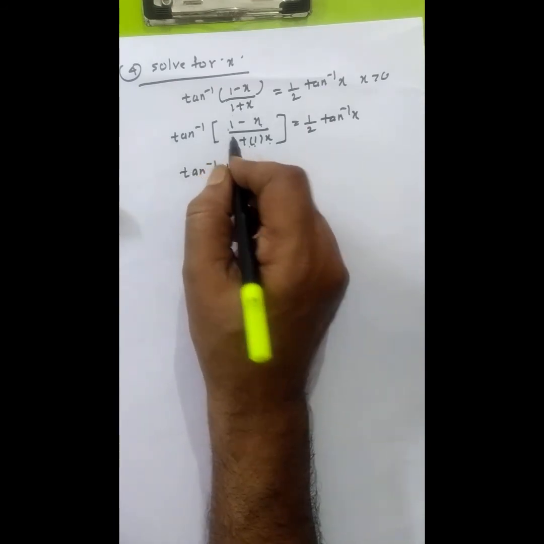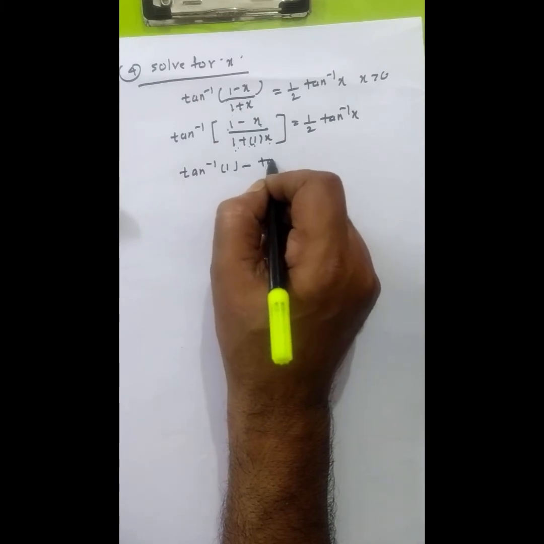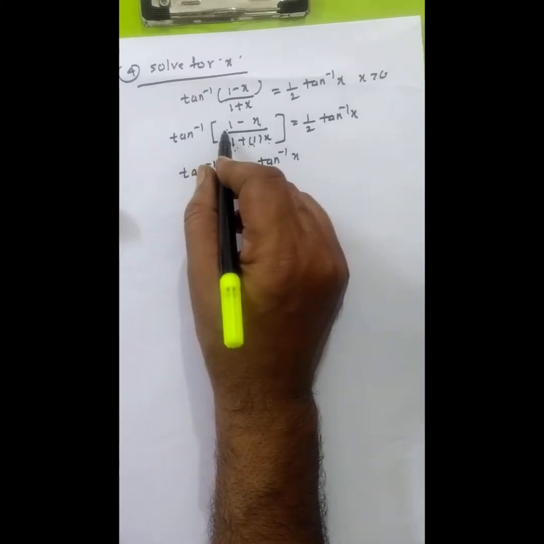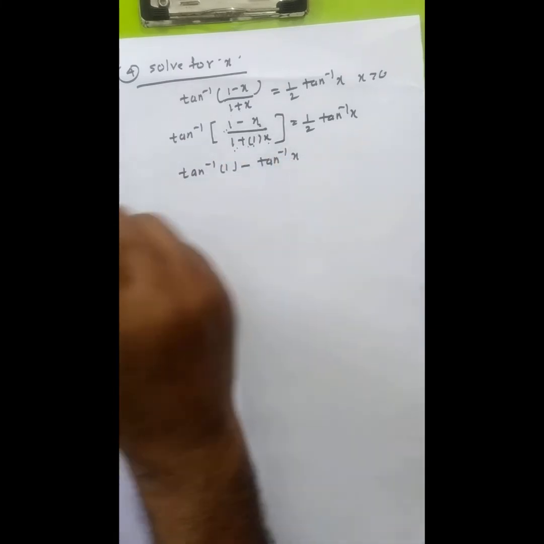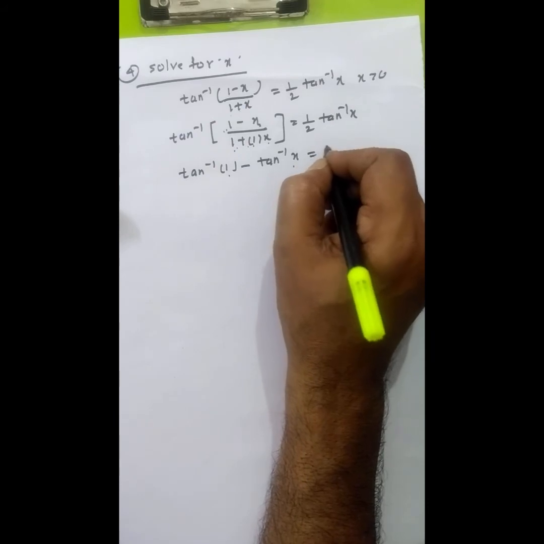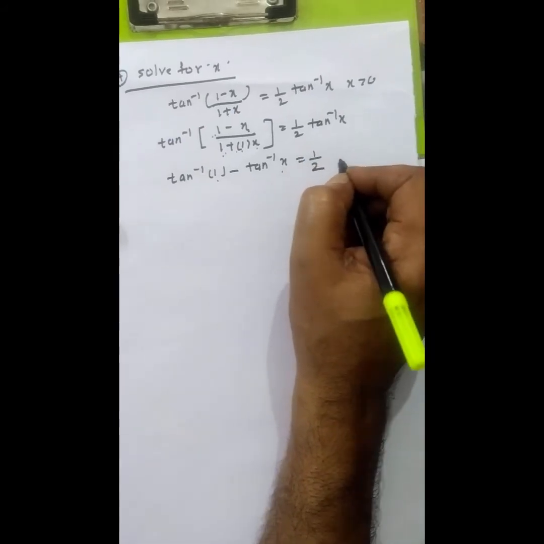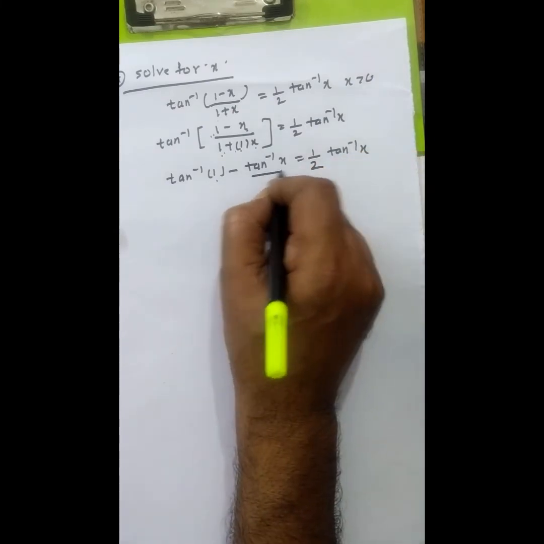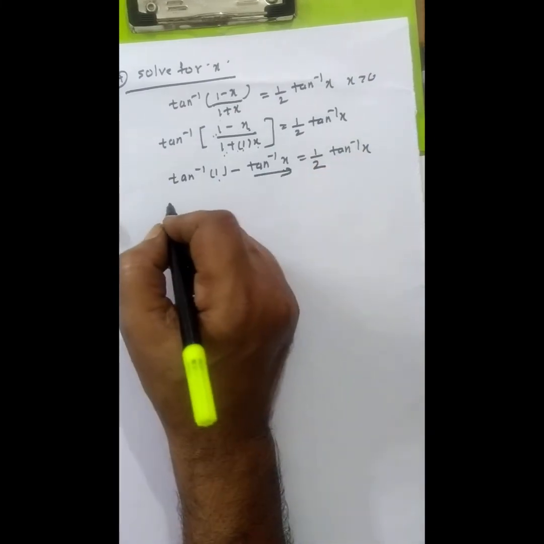Instead of x it is 1, minus tan inverse of y. Instead of y it is x. So it is like tan inverse of 1 minus tan inverse of x, equals 1 by 2 tan inverse of x. Now transfer this tan inverse of x to the right hand side.